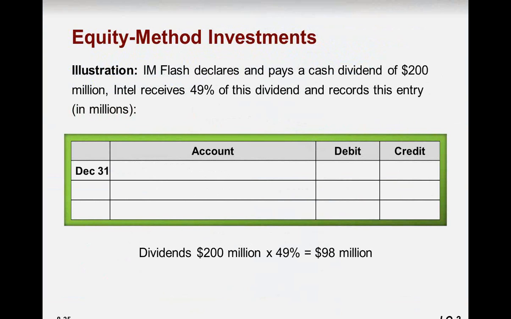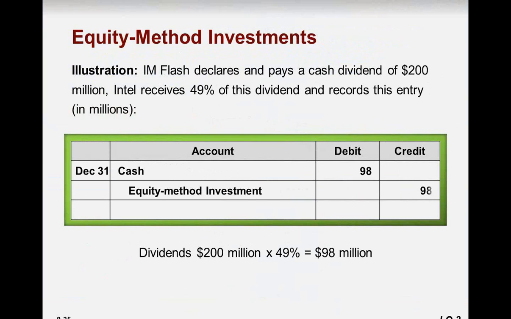When the dividend is paid, Intel actually gets cash because dividends are received, and it's going to reduce their investment. Remember, on the last method, we recorded it as dividend revenue.